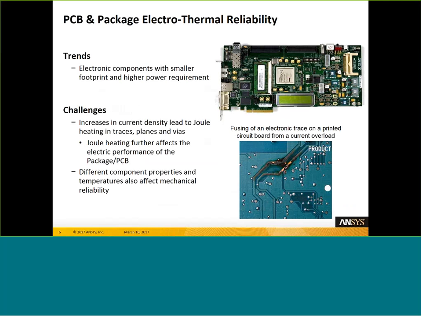So we see electronic components with smaller footprints and higher power requirements. And increases in current density lead to increased joule heating in traces, planes, and vias and board. This joule heating further affects the electrical performance of the PCB or package substrate.